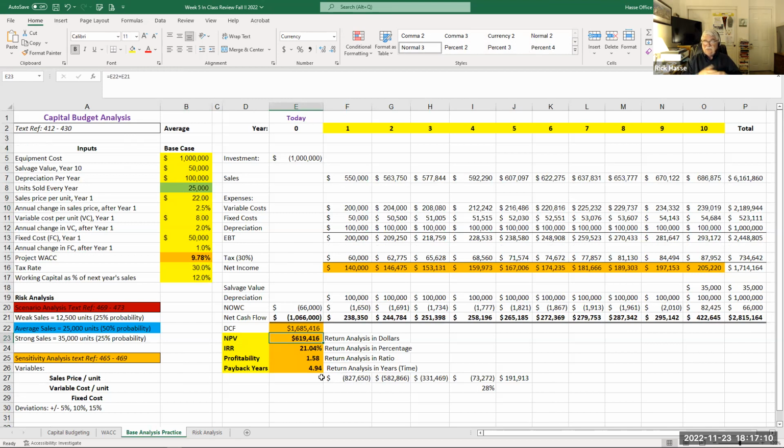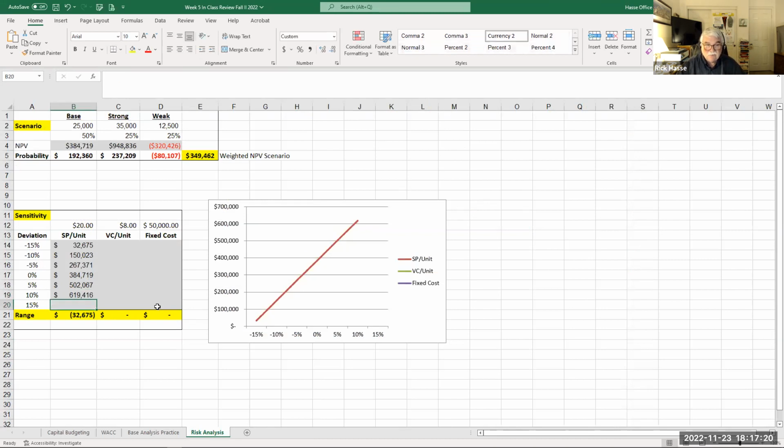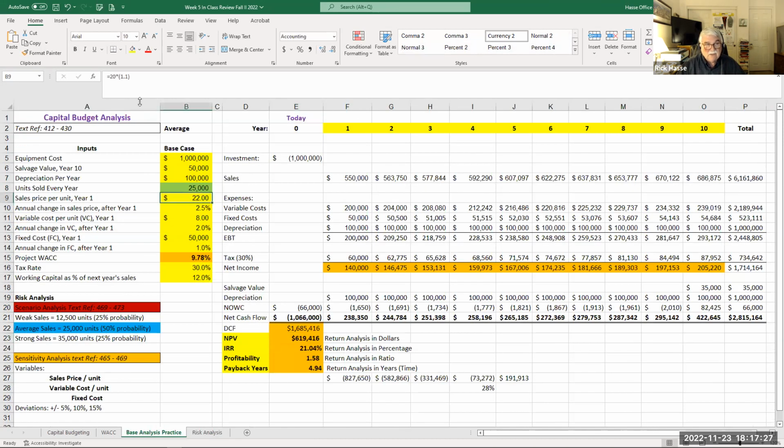Just one or two keystrokes and you get your new information. 619,416. And notice that line. It's growing and it's still straight. Now a 15% increase in selling price. $20 times 1.15. 736,764.